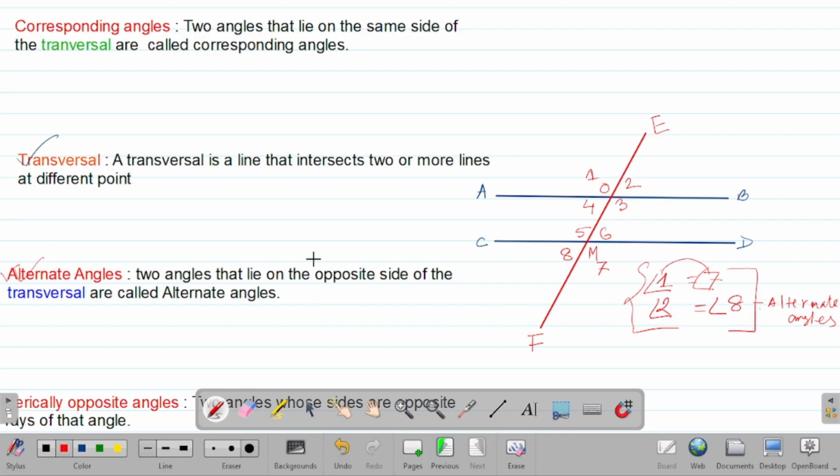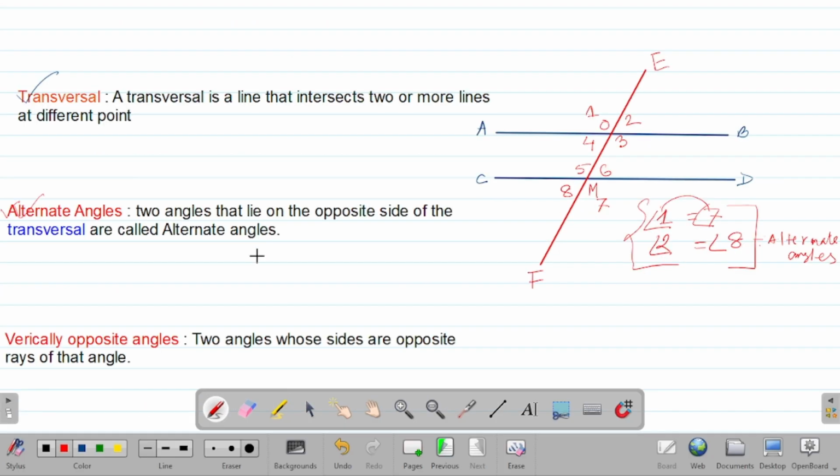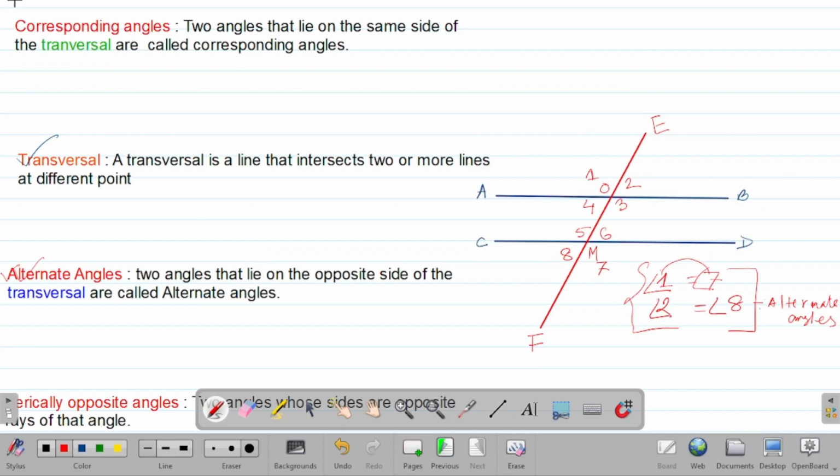Now it's time to discuss corresponding angles. Then what are corresponding angles? Two angles that lie on the same side of the transversal are called corresponding angles.